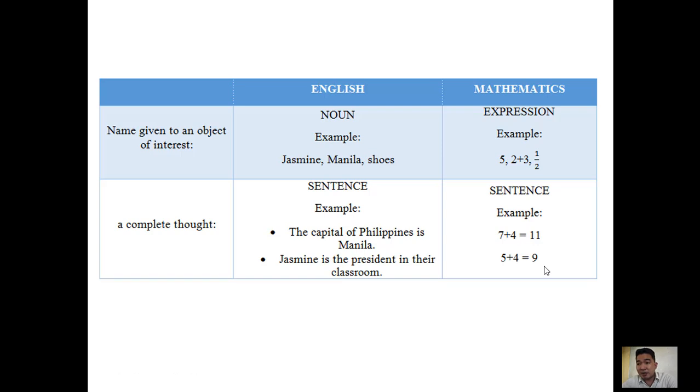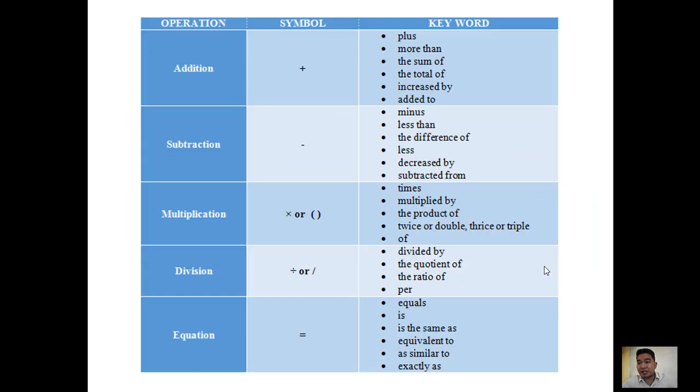The next table will show you the different mathematical operation symbols and their word expressions. Let's start with the first one, addition. The keywords are plus, more than, the sum of, the total of, increased by, added to.